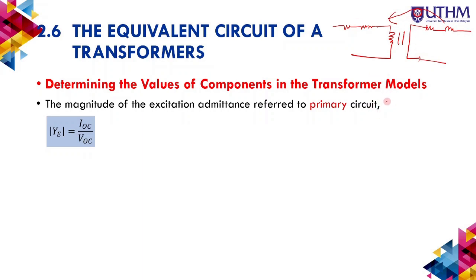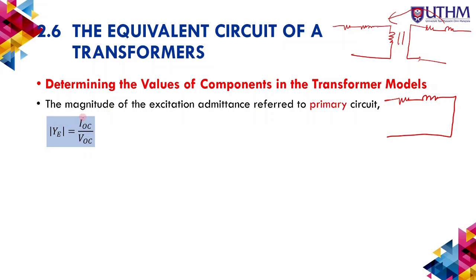So that's why dia panggil equivalent circuit lah. Okay, so bila dah jadi equivalent barulah kita boleh kira lah, baru mudah untuk kita kira. Okay, so the magnitude, maksudnya dia tak ada phase lah, tak ada angle lah, tak terlibat dengan angle.